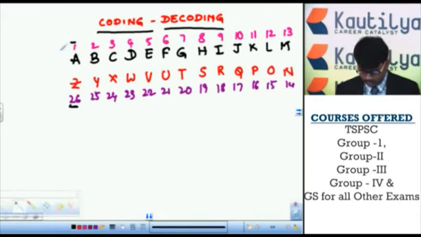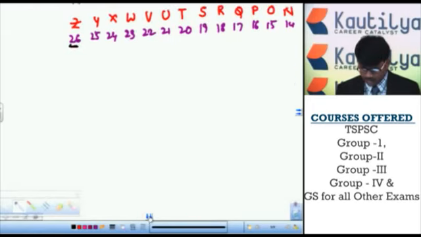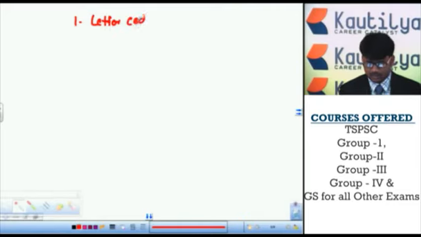Okay, that's it. Coding decoding problems have 5 types. The first one is letter coding. Second one is number coding.